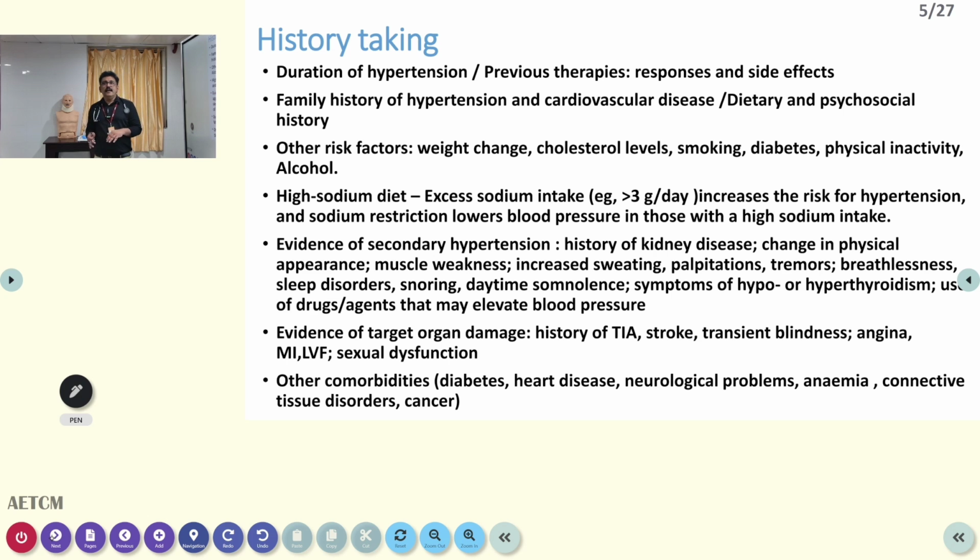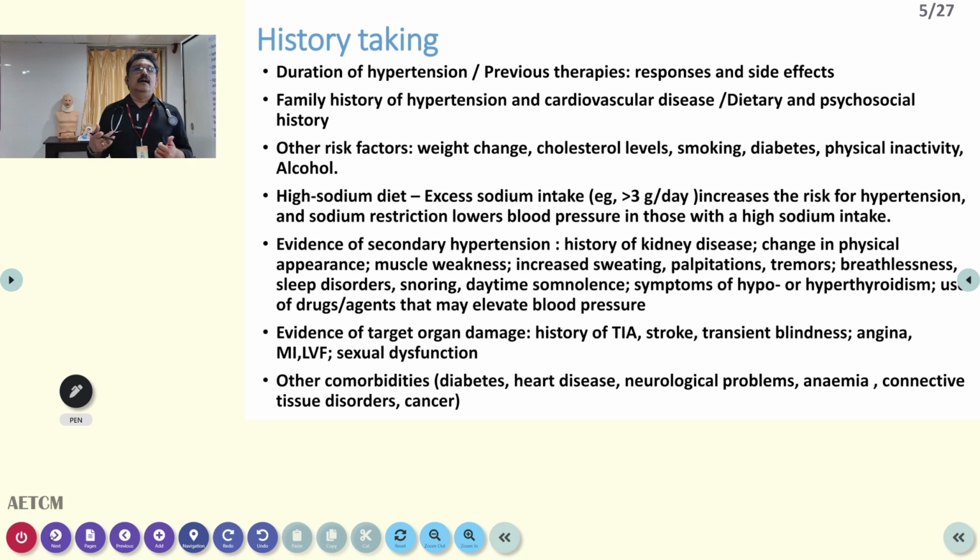Then secondary hypertension is very important. A young patient coming with hypertension, sudden onset of weakness, palpitation, sweating, tremors, breathlessness, sleep disorders like sleep apnea syndrome, snoring, hyperthyroidism or hypothyroidism. Some drugs the patient is taking, like amphetamine, phenylephrine.